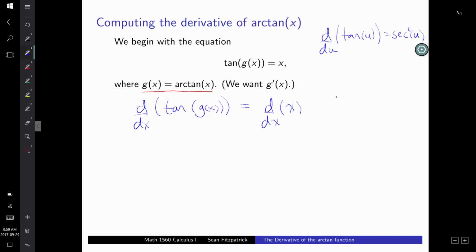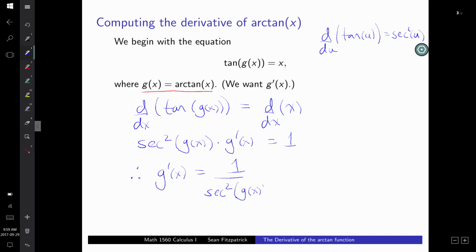So what do we get for the derivative on the left hand side? We get secant squared of g of x, since my u in this case is g of x, and then I have to multiply by du dx, which is g prime of x, which is exactly the thing that we want to calculate. On the other side, the derivative of x is just 1, so therefore g prime of x is 1 over secant squared of g of x.